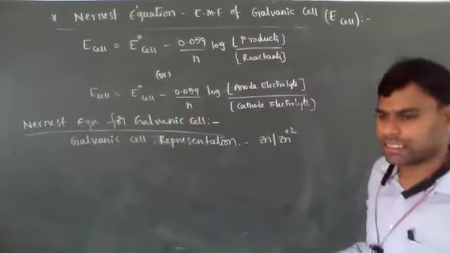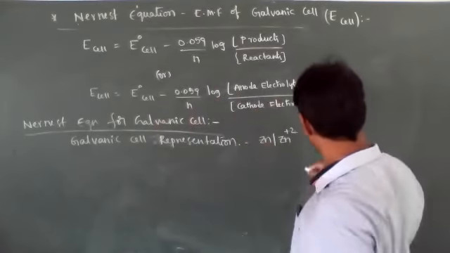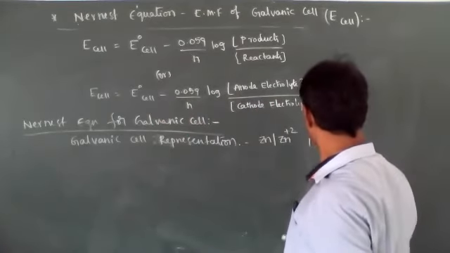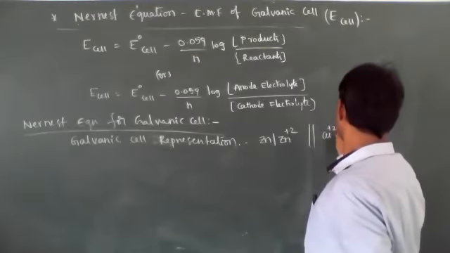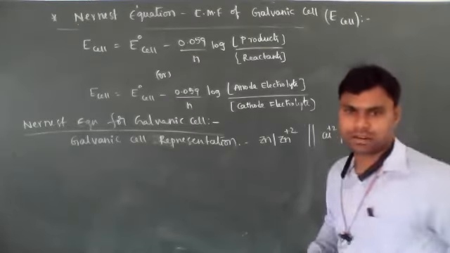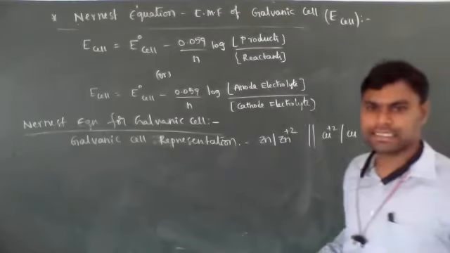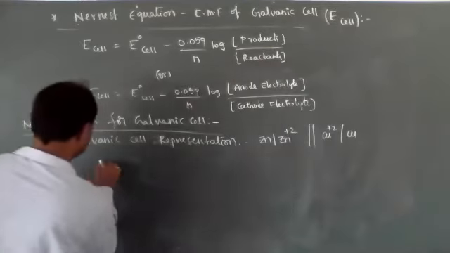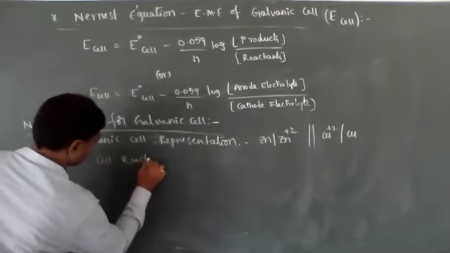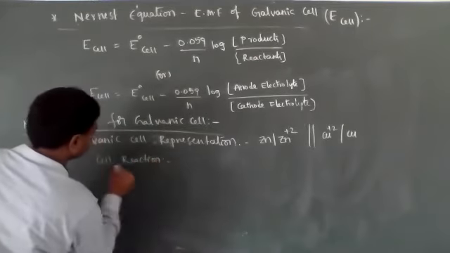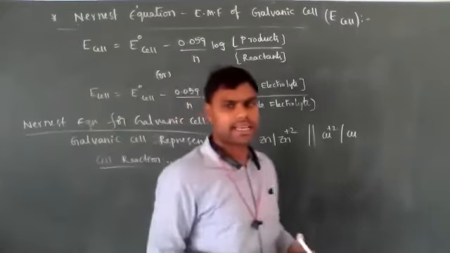Zn, Zn2+ || Cu2+, Cu. This is the cell representation. Now, the cell reaction. What is the cell reaction?